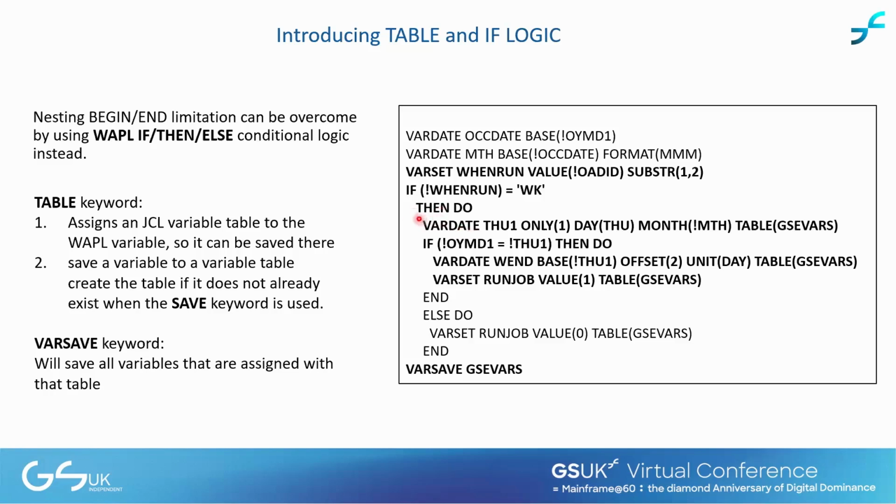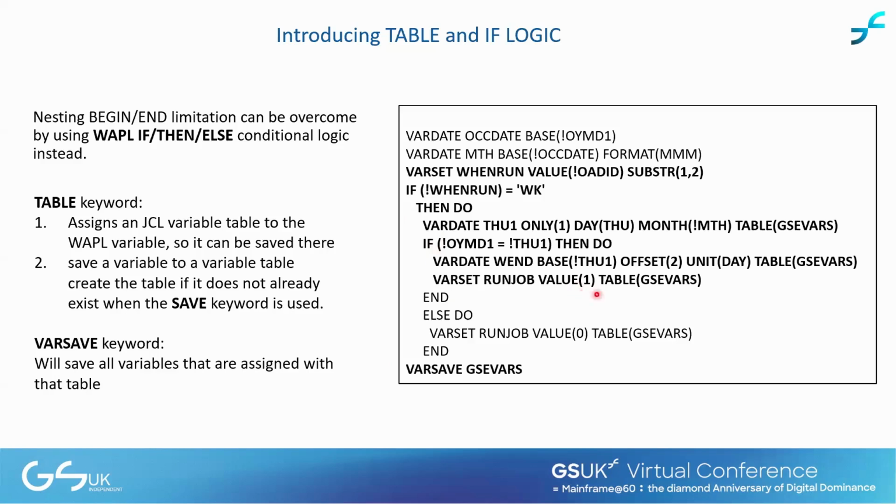The WAPL if then else logic can be used to do nesting on multiple levels compared to the limitations of the begin and end directives. As you can see here, we have nesting on 2 levels, the first level and the second level, which cannot be performed with the JCL directives begin and end.